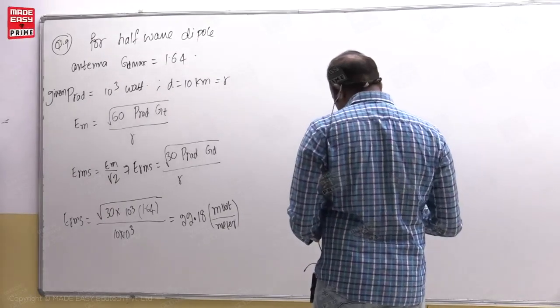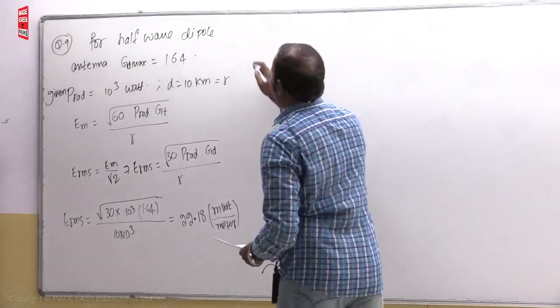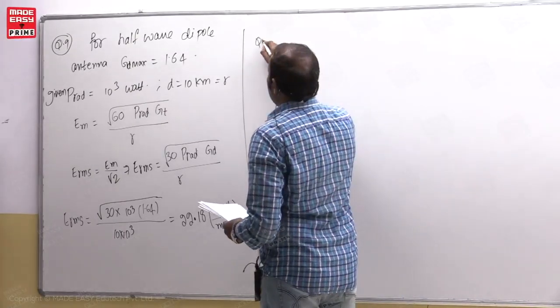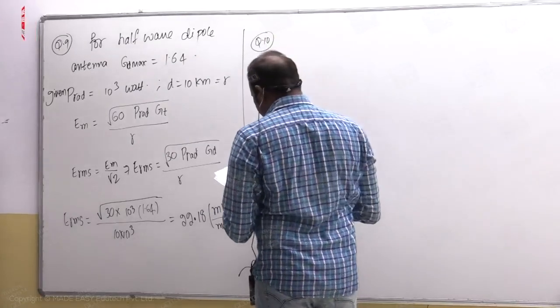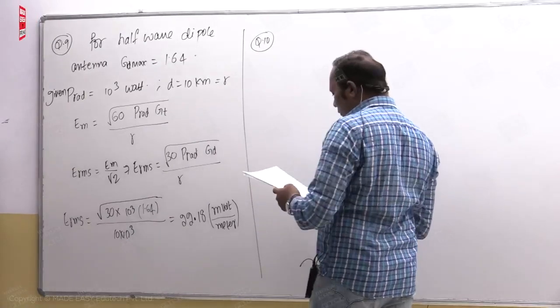Now let us solve question number 10. For half wave dipole antenna, he is talking of 4 half wave dipole antennas.